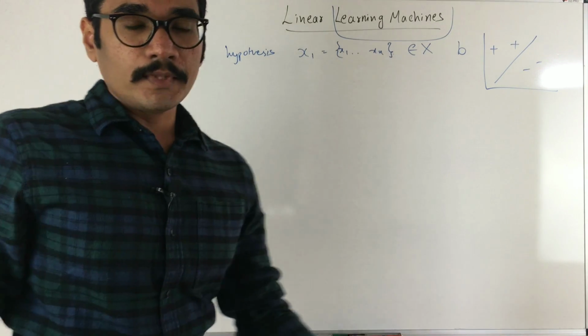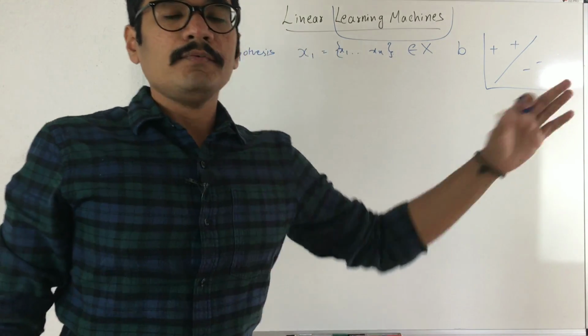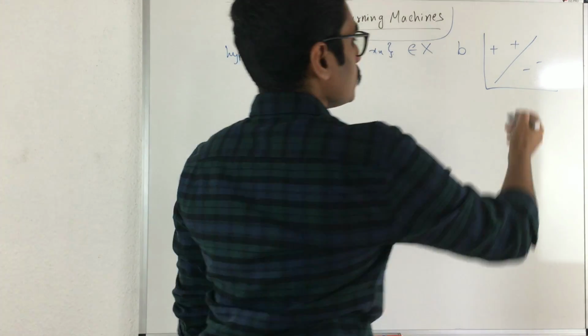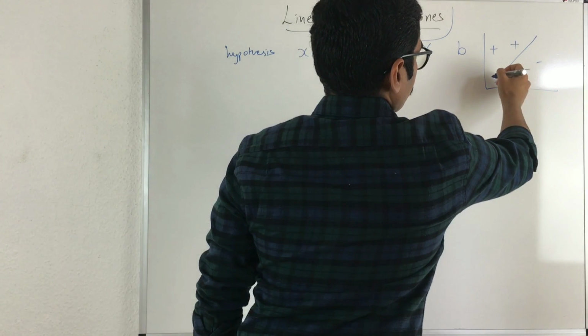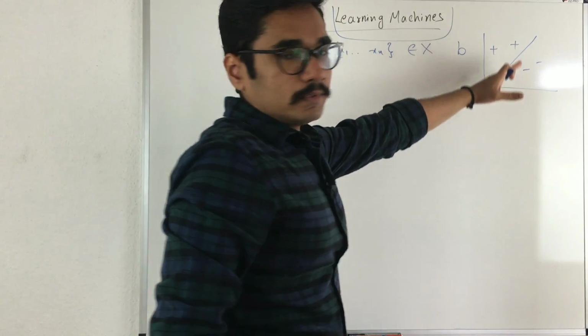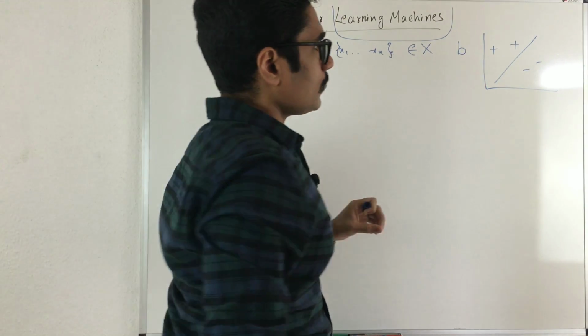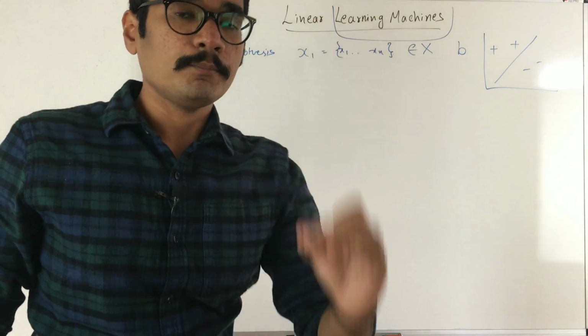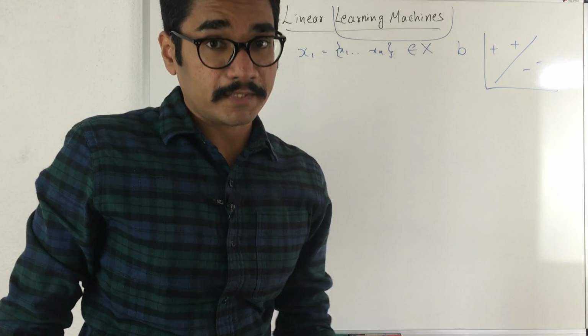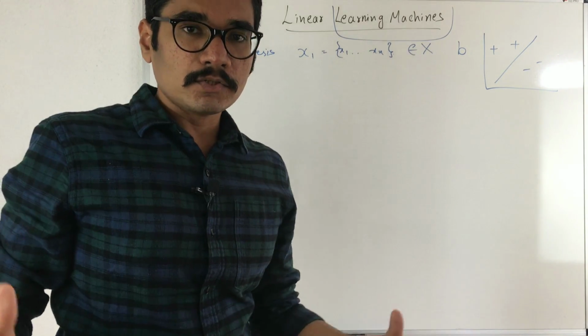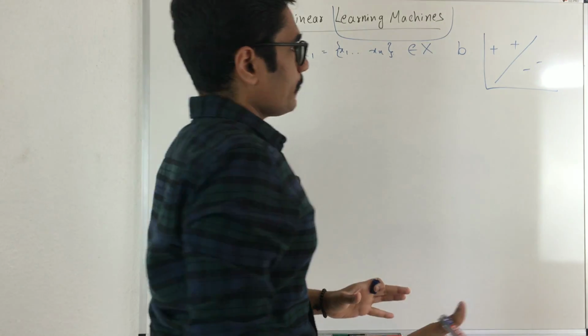A very important caveat is that you need to find the data points which are very close to this line or this particular fit. That is a very important step when we deal with support vector machines, but linear learning machines are a more generalized concept of support vector machines.